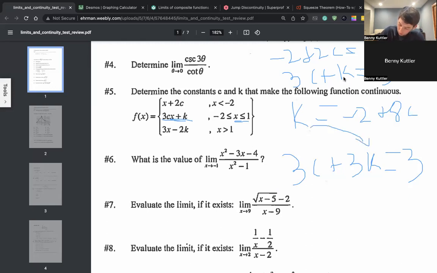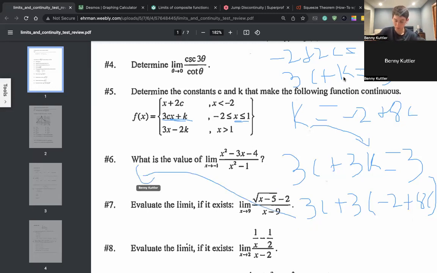So we'll have 3c plus 3 times -2 plus 8c. Now I'll continue over here because I'm running out of room. Now if we distribute this, we'll have 3c, 3 times -2 is -6, and then 3 times 8c is 24c.